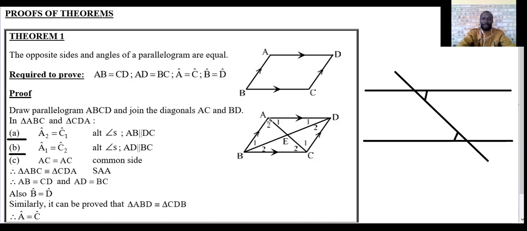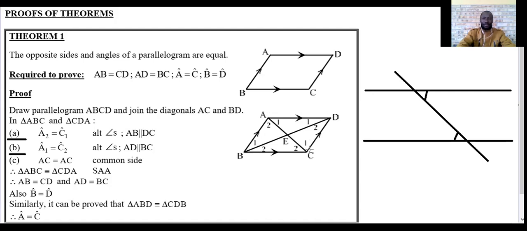But they have a common what? A common line, AC. And because of that, the AC for this triangle ABC is equal to the AC of the triangle ADC.